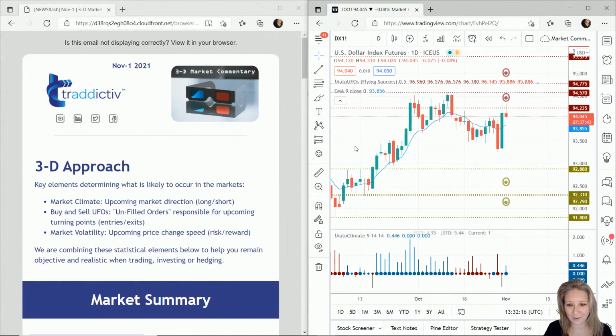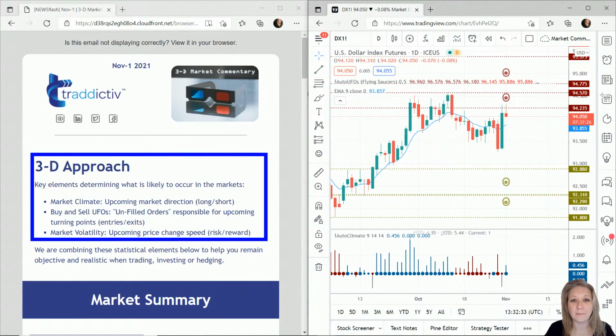Right, let's bring up that email so we can give this a little bit more context and explain here what's going on. So obviously everything that we're going to be looking at, everything that we talk about in terms of probabilities and statistics is relevant to the charts, relevant to what we see in the market. So I will go through both and give you an example of each and how it all works out. Now the 3D approach, as I said, called 3D because we look at 3 major things.